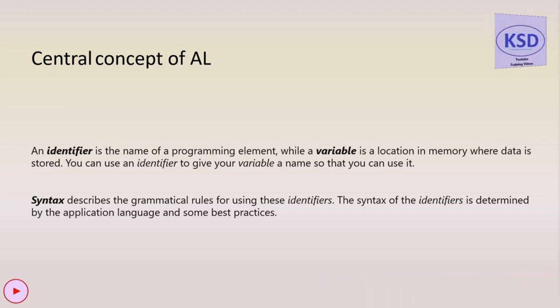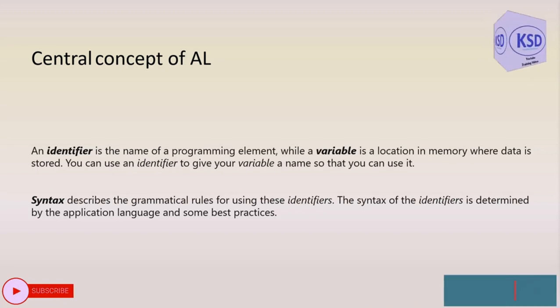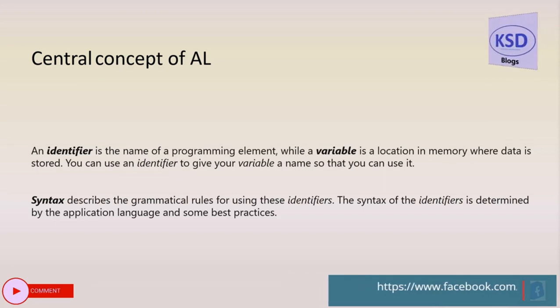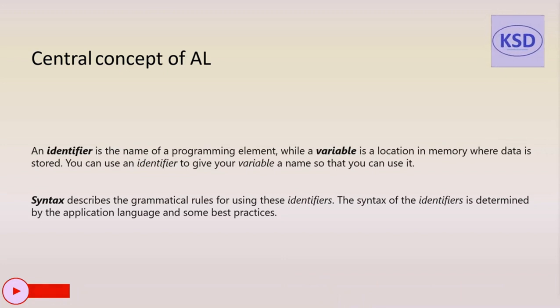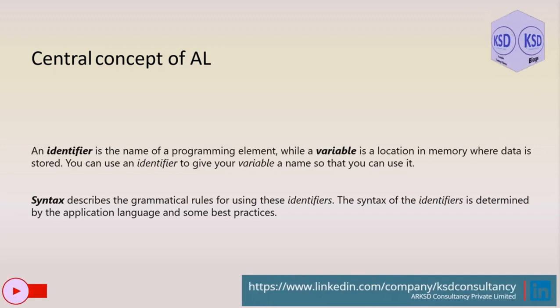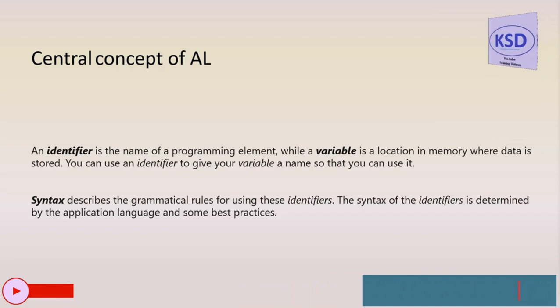So, syntax. When we are communicating, we talk between two persons, and we follow some set of rules to communicate our information. Similarly, when you are talking with the system, you will follow some syntax which that system understands.